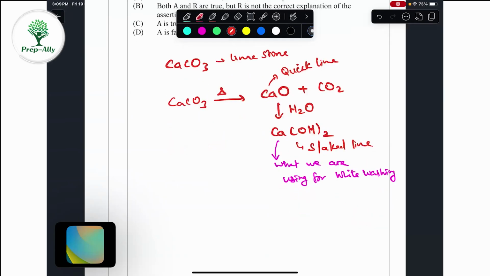So what happens when you paint it on a wall? Let's consider this is a wall. You are going to paint it with calcium oxide, sorry, slaked lime. You are going to paint it here. Now in the atmosphere you have CO2, right?